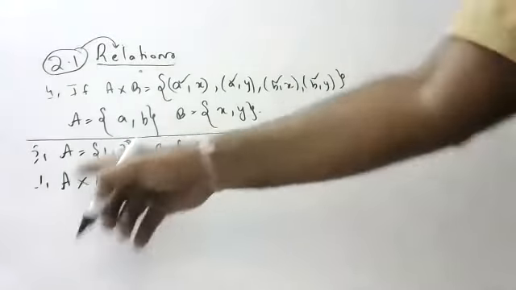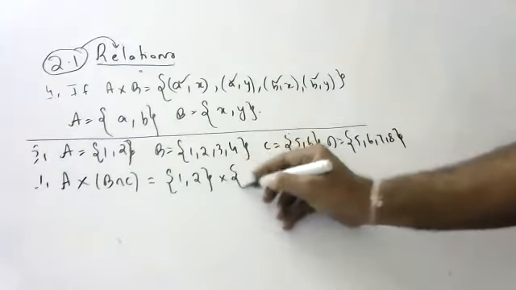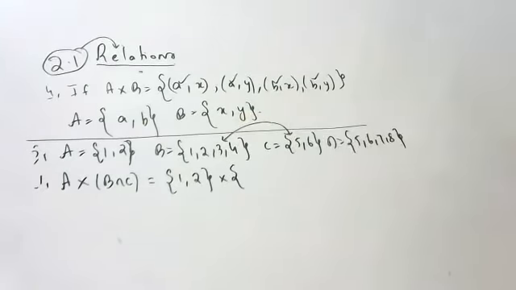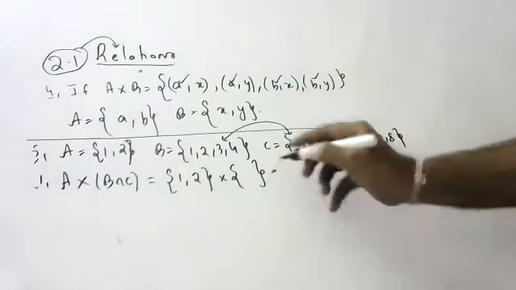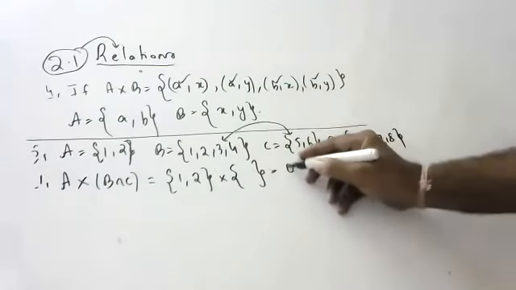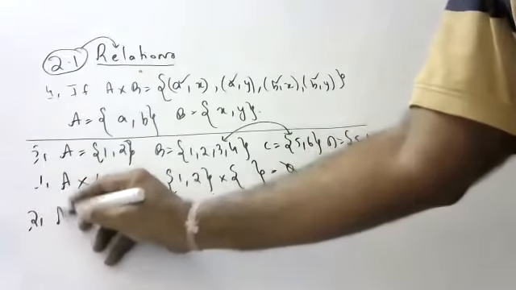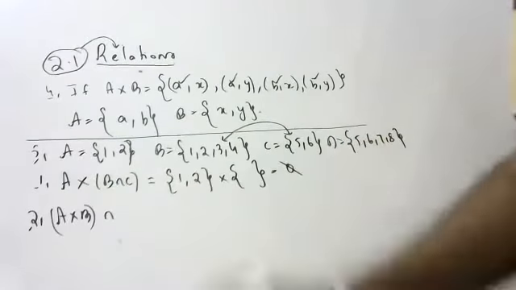What is A? {1, 2}. What is B intersection C? Common elements: nothing is common, so null set. Anything cross null set is null set. Over.